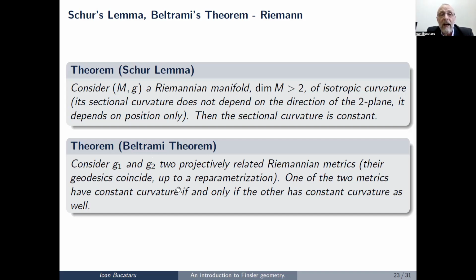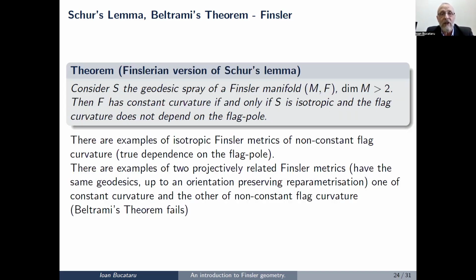Another important result from Riemannian geometry is Beltrami's Theorem. If you have two Riemannian metrics that have the same geodesics up to reparametrization, and one is of constant curvature, the other one is of constant curvature as well. So you cannot have projectively related Riemannian manifolds, one of constant curvature and the other of non-constant curvature.